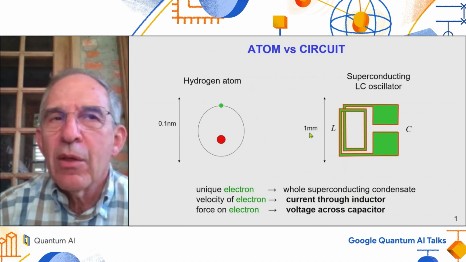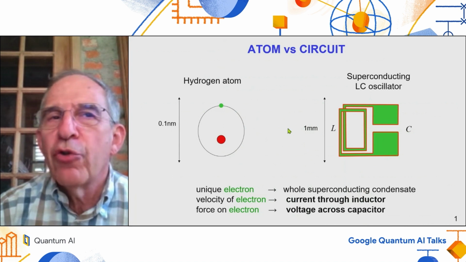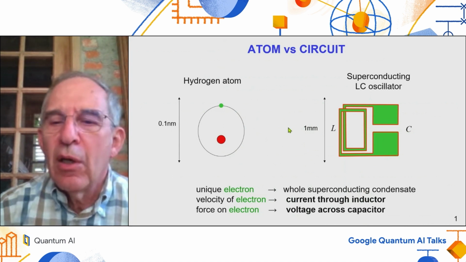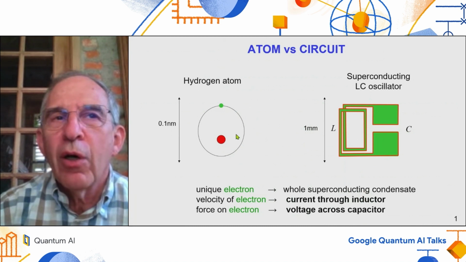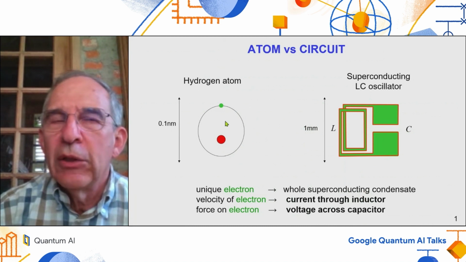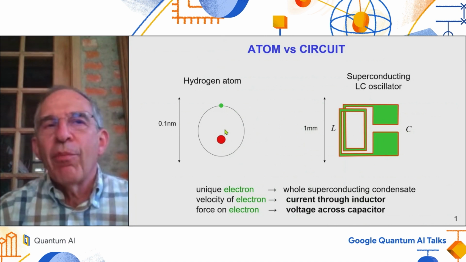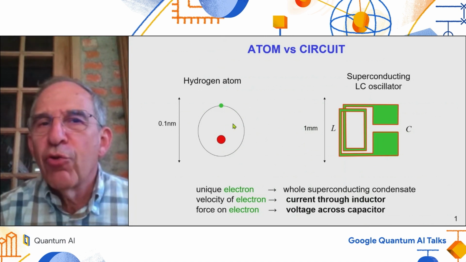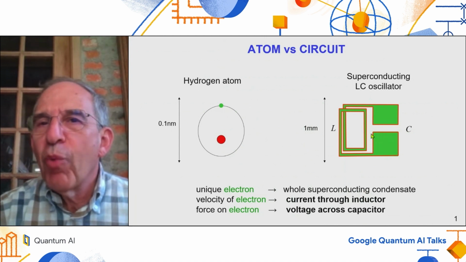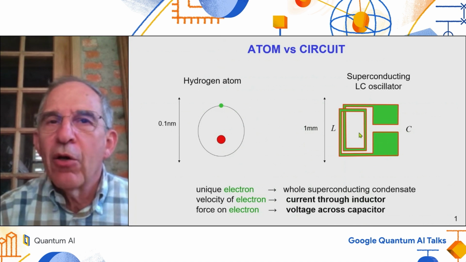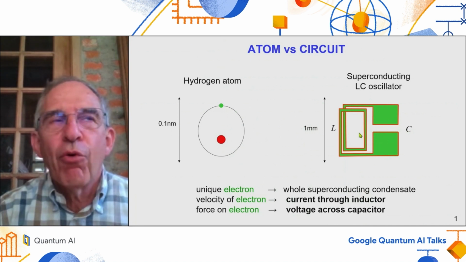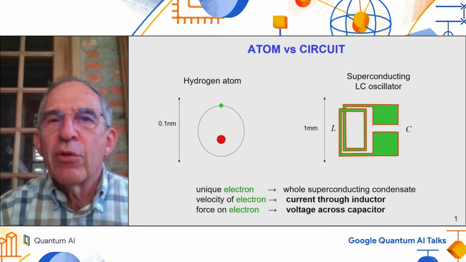And with this increased dipole comes also a huge decrease in frequency, because, as you know, atoms and ions emit radiation in the form of light, visible light or UV, but here superconducting circuits emit microwave light. So it's basically a 100,000-fold decrease in frequency.